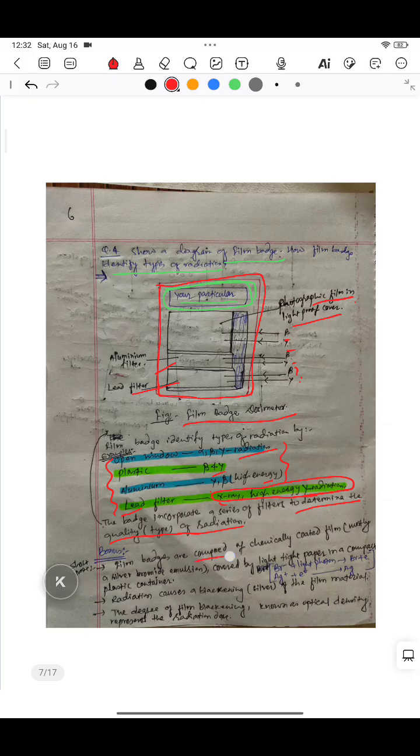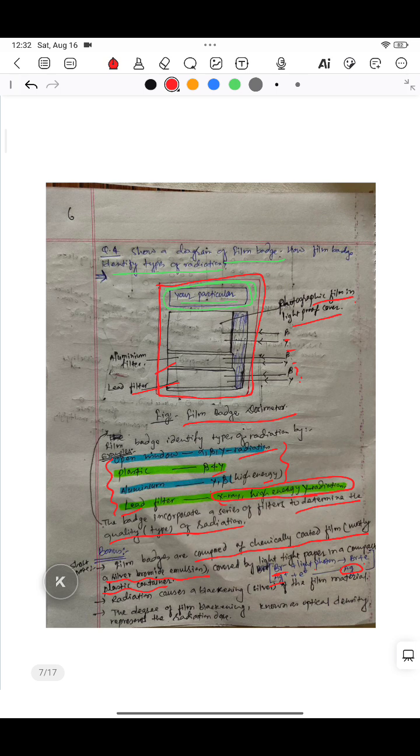Film badges are composed of chemically coated film, mostly a silver bromide, AgBr, emulsion covered by light tight paper in a compact plastic container. So there will be a reaction: the halide, that is bromine, with light photon gives Br plus electron, and Ag plus electron gives Ag, silver.